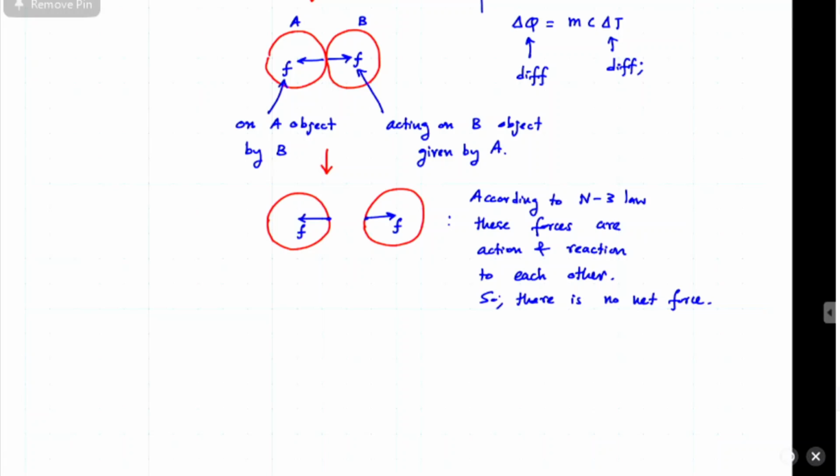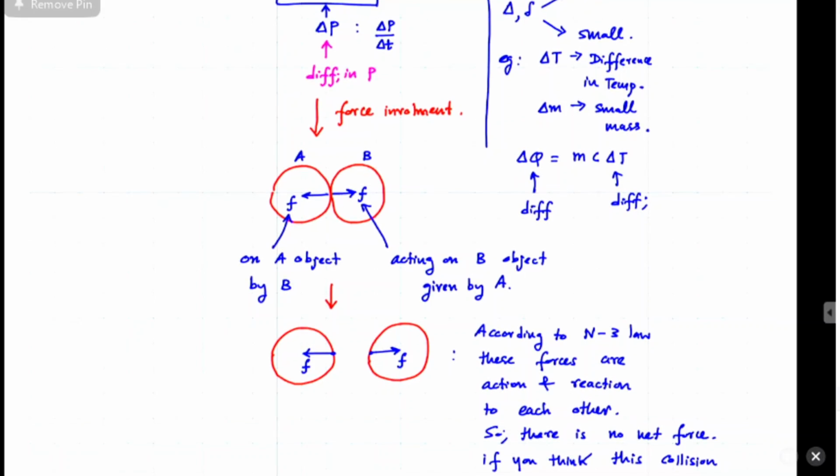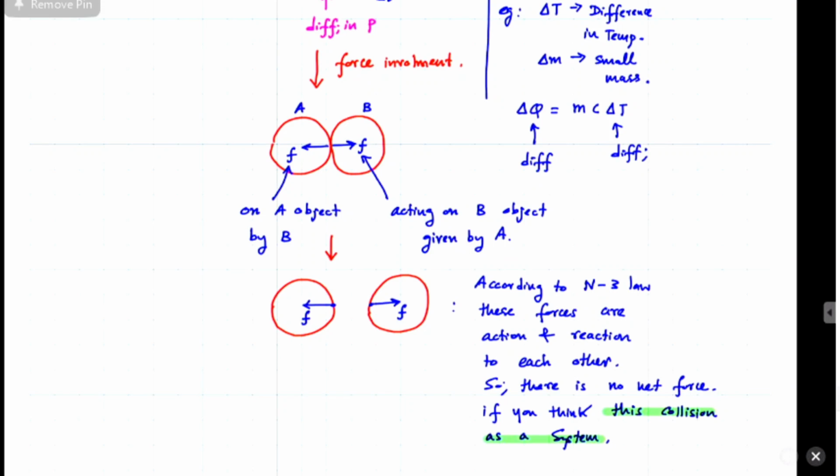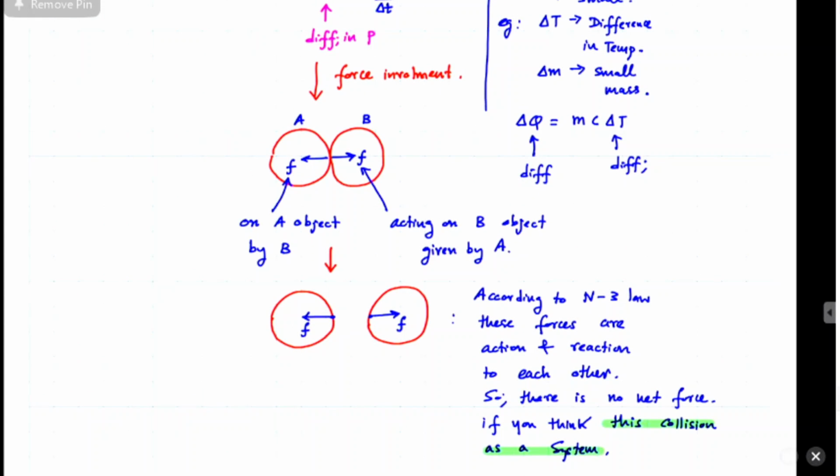If you think of this collision as a system, that means you consider this collision, the whole thing, as a system.